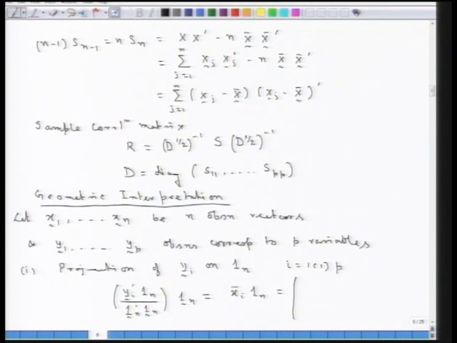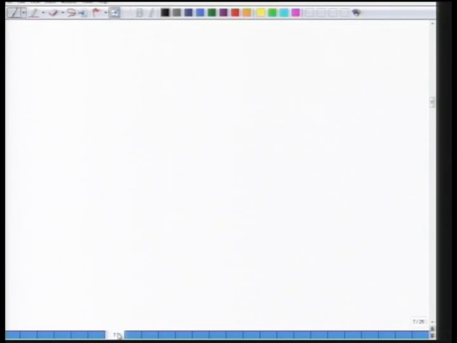This basically is the vector which is of dimension n and has entries xi bar at all the places. So that's basically the projection. This is the mean of the ith variable, and this is the n dimensional vector, and that's what has got the interpretation that it's just the projection of the yi vector, the vector corresponding to the ith variable holding all the n observations, on this In vector. Now let us also look at the following deviation vectors.